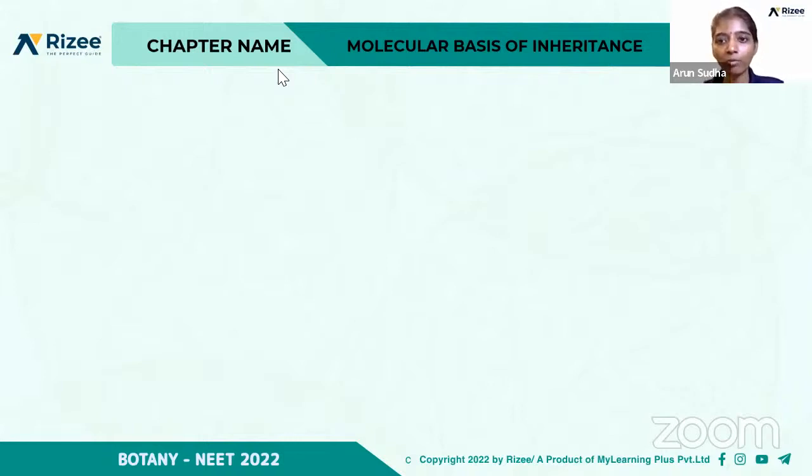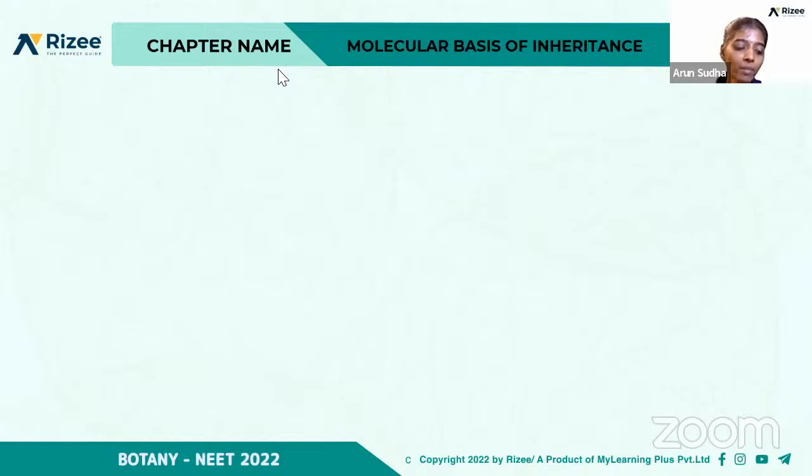Now we'll discuss some more questions related to the structure of DNA and these experiments. The first question: what happened when heat killed S cells along with live R cells were injected into the mice?